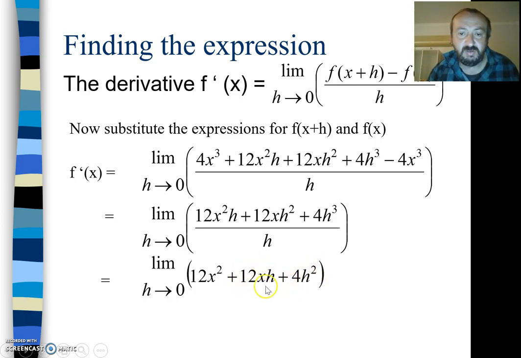These bits are going to go to 0 as h goes to 0, and it's just going to leave this 12x squared. So that's our final answer: the derivative of f of x, where f of x equals 4x cubed, is 12x squared.